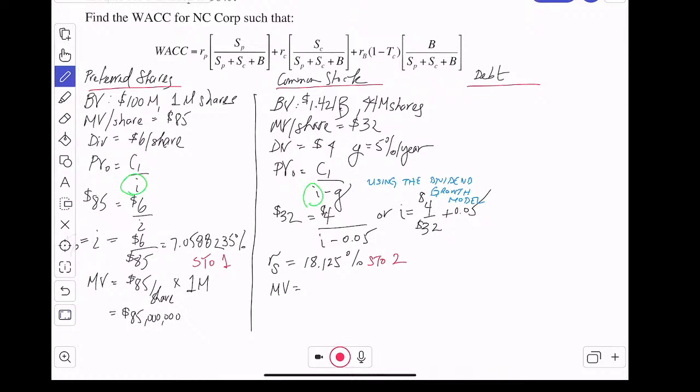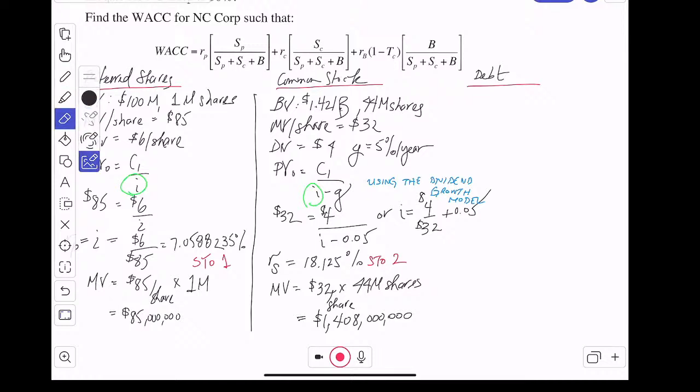So the market value per share is the $32 times 44 million shares, so it's going to be $1.4 billion. All right. And finally, let me move this over.